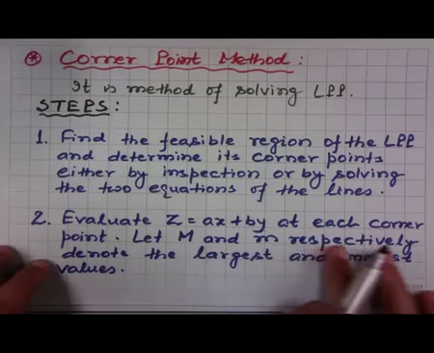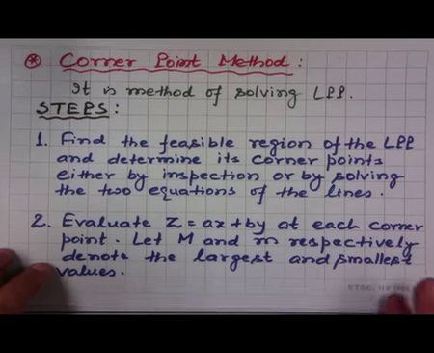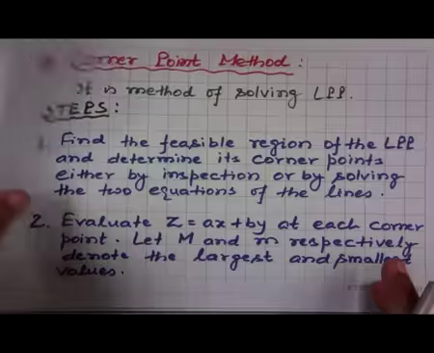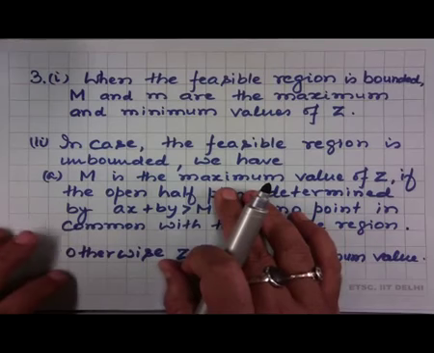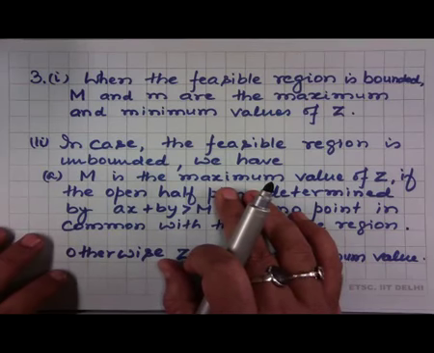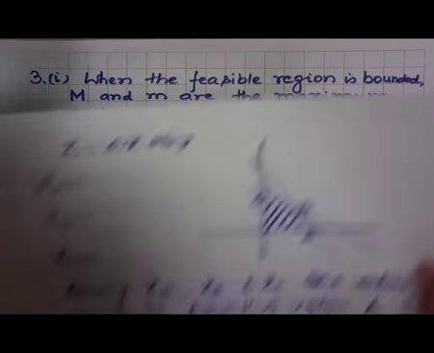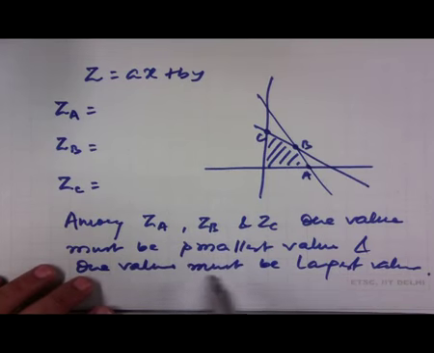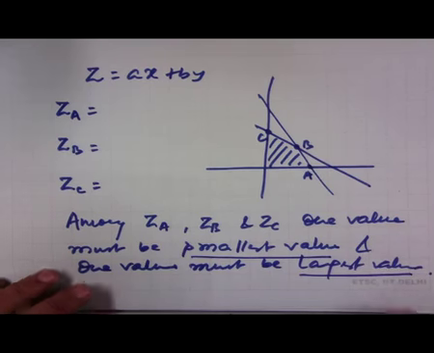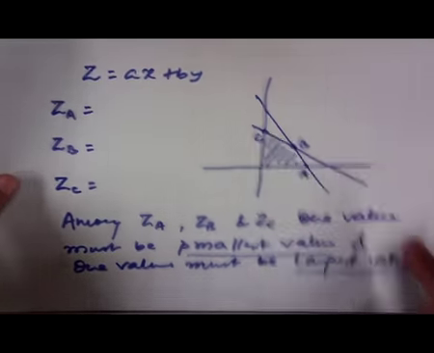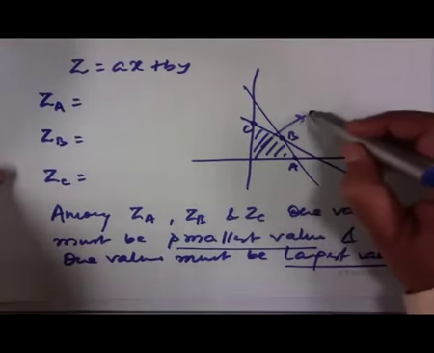So according to step 2, we have to evaluate z equal to ax plus by at each corner point. Let M and m respectively denote the largest and smallest values. Now the third step: when the feasible region is bounded, M and m are the maximum and minimum values of z. It means the smallest value will be the minimum value and the largest value will be the maximum value when the region is bounded. This region is a bounded region.